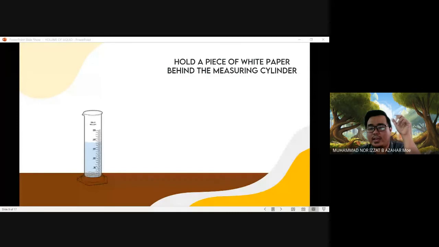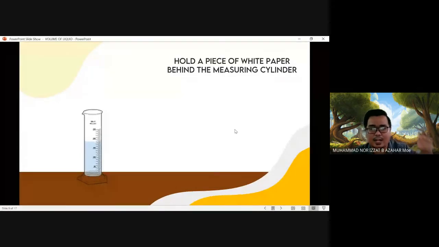So we cannot see accurately the water level, especially the transparent water like this. No color at all. If there is no color, it's hard to see the water level compared to the measuring cylinder. So kalau kita buat dalam makmal, for example, in the science lab, belakang dia kabur. Can you see the water level properly?